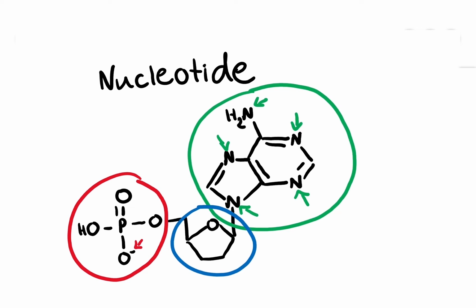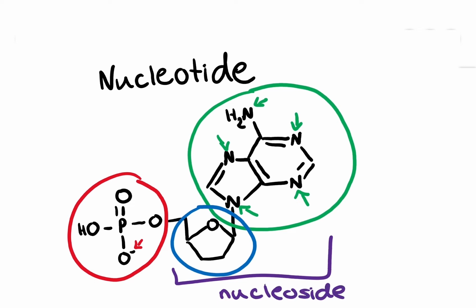Specifically, this would be ribose, and I've gone over this in the past, which can be found in ribonucleic acid. The section made up of the nitrogenous base and sugar is called a nucleoside. So this structure is the nucleoside, and the nucleoside, in addition with the phosphate group, makes up the nucleotide.